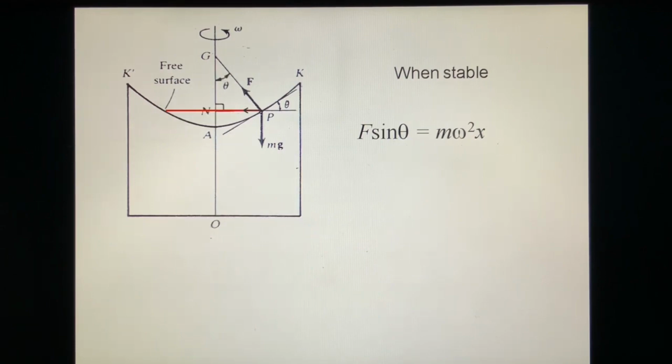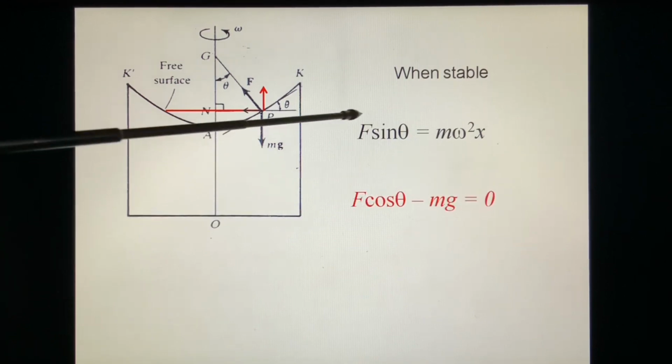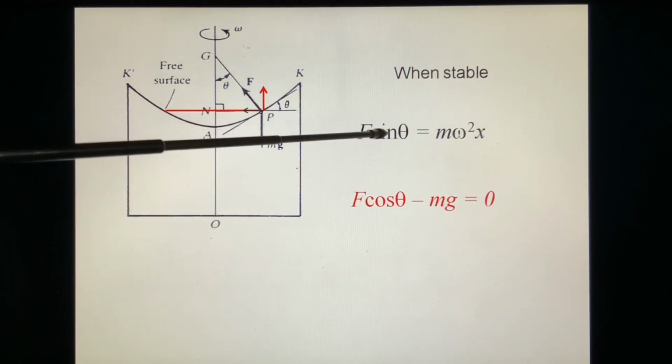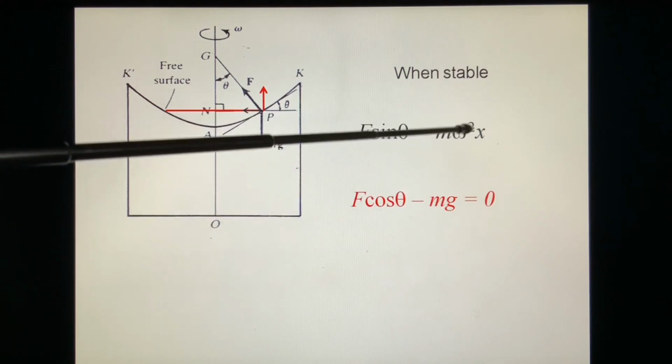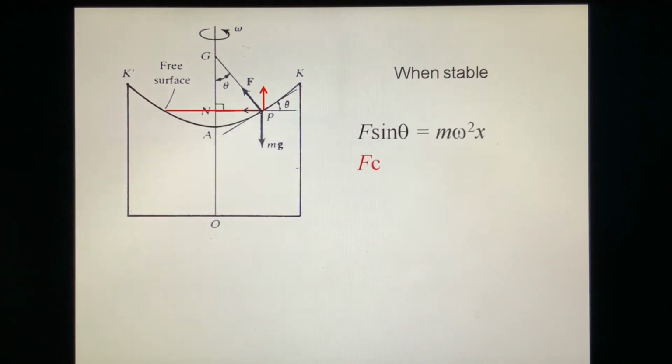Looking along the vertical direction, F cosine theta equals mg. We divide these two and find sine theta over cosine theta, the tangent theta, equals omega squared x over g.